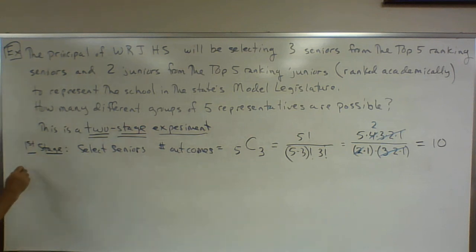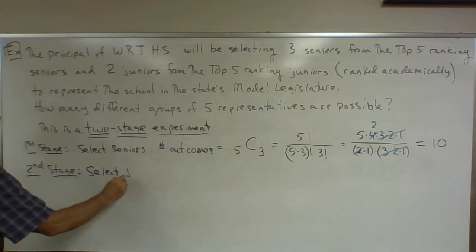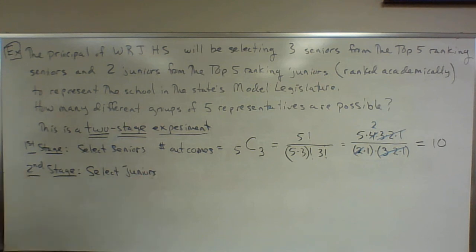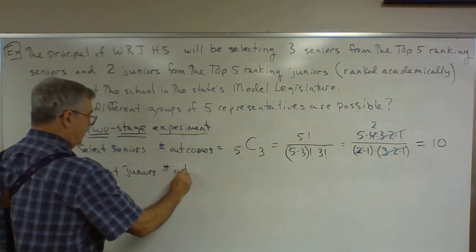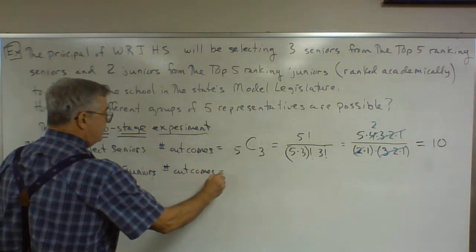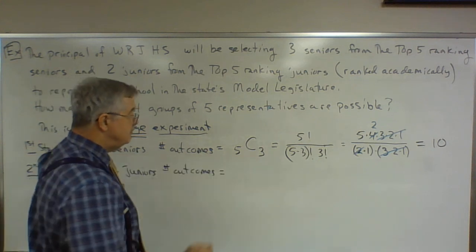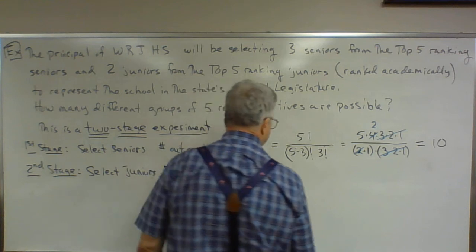Well, the second stage, select juniors. Number of outcomes equals, okay, we're going to take 5 juniors and select 2, and the order doesn't matter.